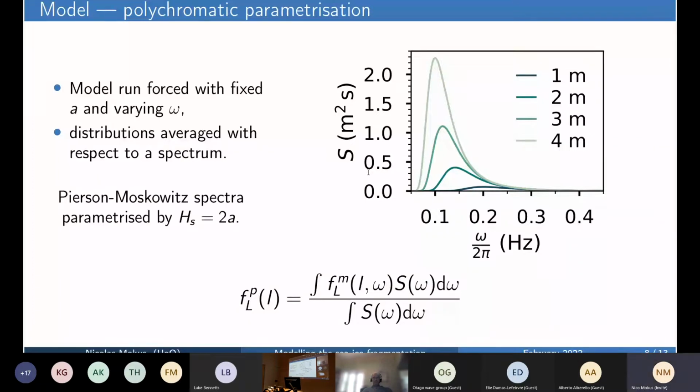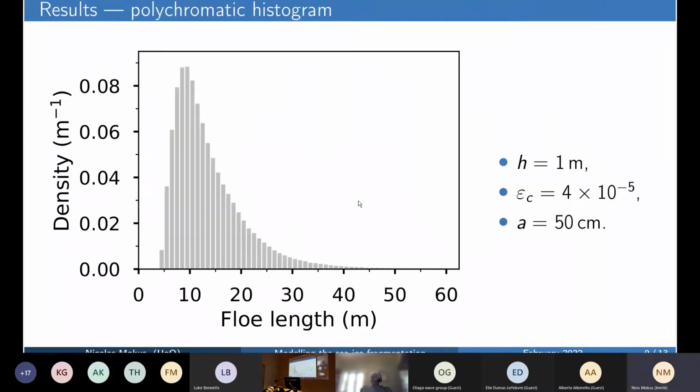So after setting a wave amplitude, we sample the spectrum and give weights to all of the monochromatic distributions to obtain a polychromatic distribution. The result is again right skewed.